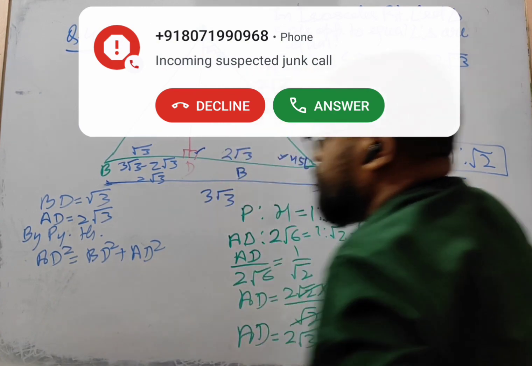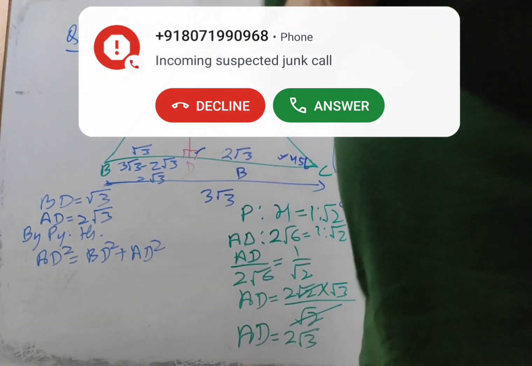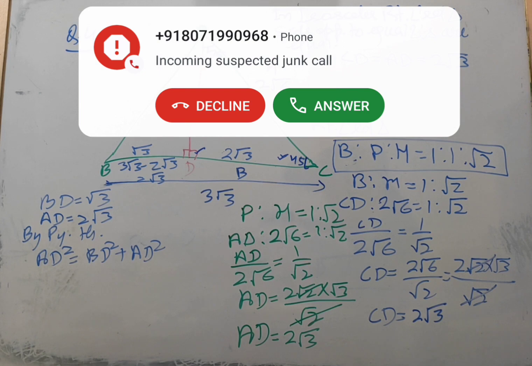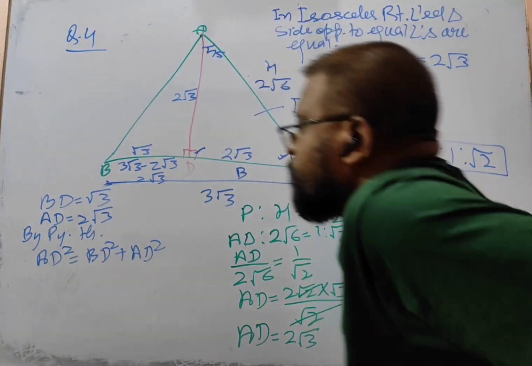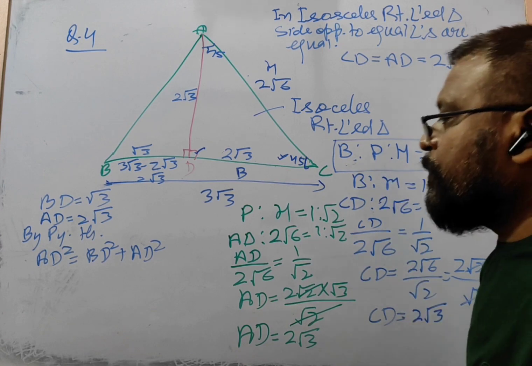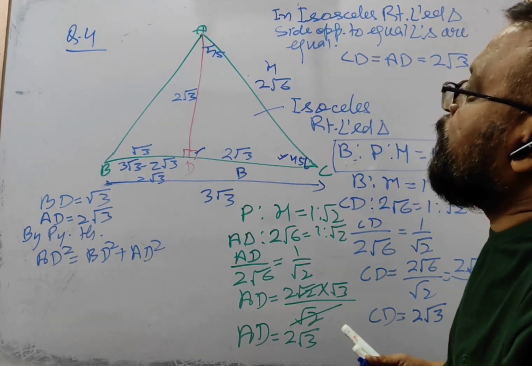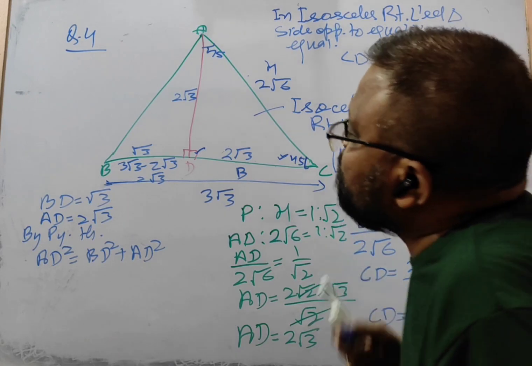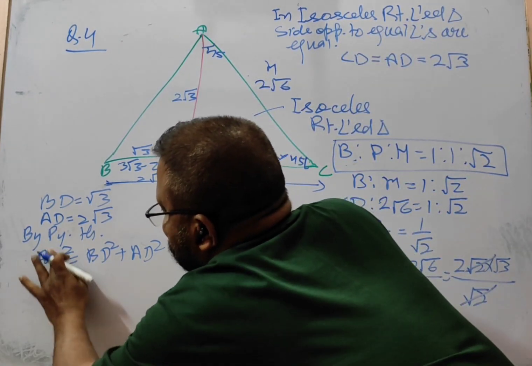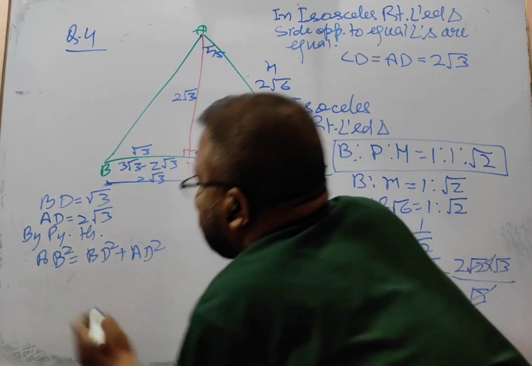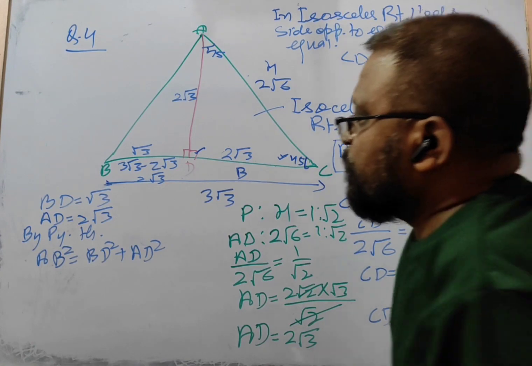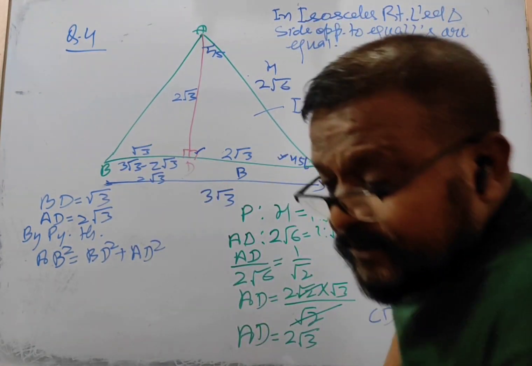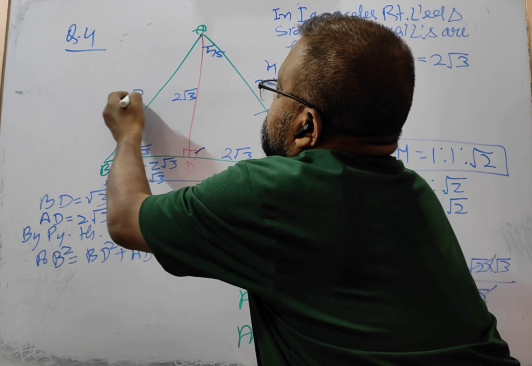Oh, what am I doing? I have to write AB here. Every time making mistakes. This is AB, this is AD, this is BD. So AB is equal to X, that is given as X, that we have to find.